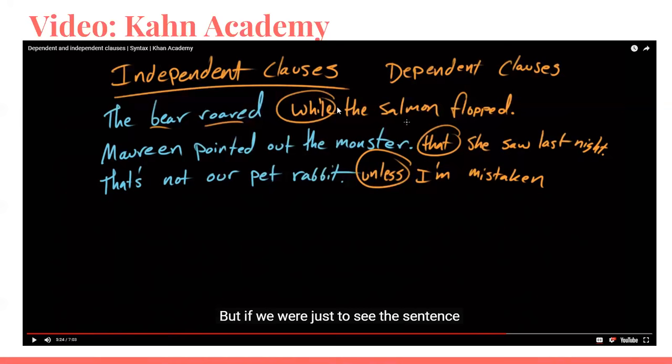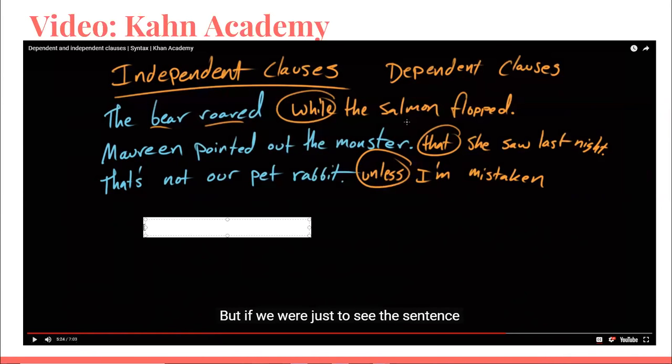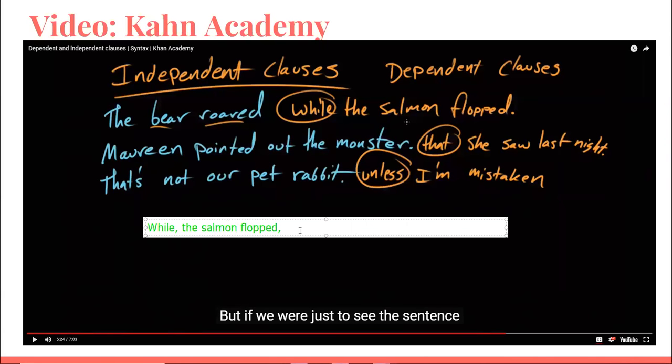I'm going to try to do this the best I can, wondering if I can actually type it. You can actually write this sentence: while the salmon flopped, comma. Let me stretch out this text box real quick for you.